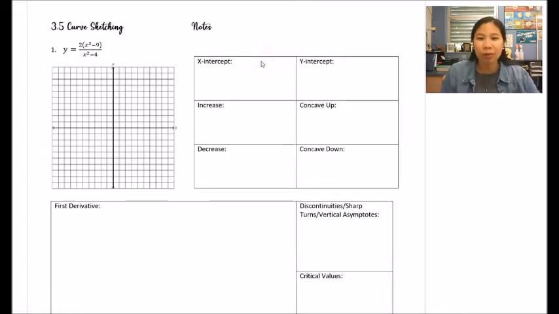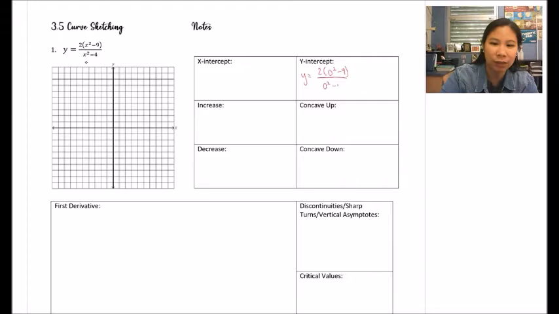Hopefully you remember for the x-intercept and y-intercept, you're just plugging in 0 for the opposite letter. The y-intercept is usually the easiest because we plug in 0 for x. For this problem, 2 times x squared minus 9 all over x squared minus 4, I end up with 2 times 0 squared minus 9 over 0 squared minus 4, which gives negative 18 over negative 4, and we can reduce that to 9 over 2.